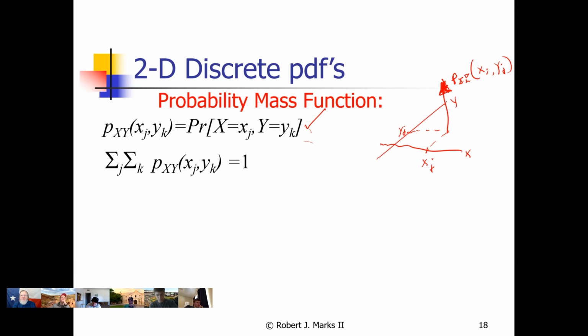And this then becomes the volume of this, so this is p sub xy. If we're doing it on a probability density function, it would be this. I think this should be a k and not a j. It is a Dirac delta needle at x_i and y_k, but it has a volume of whatever this probability is.